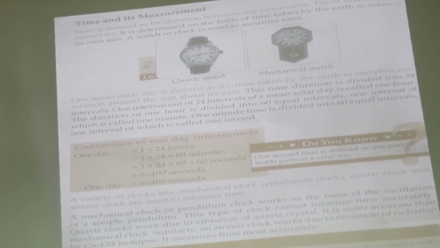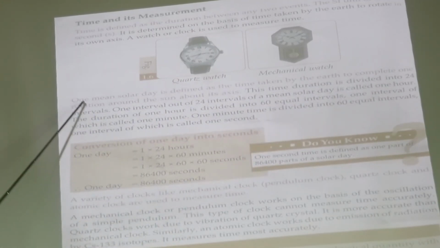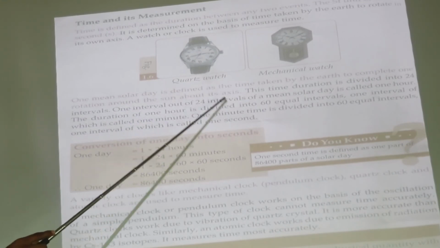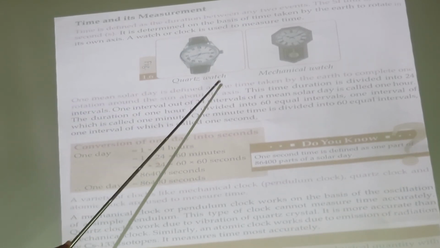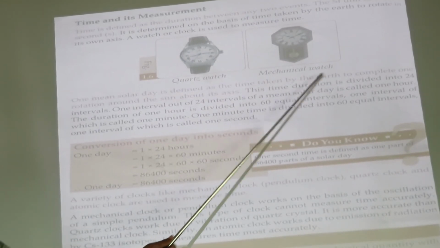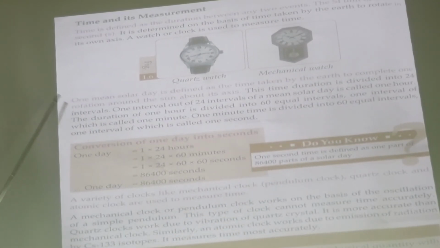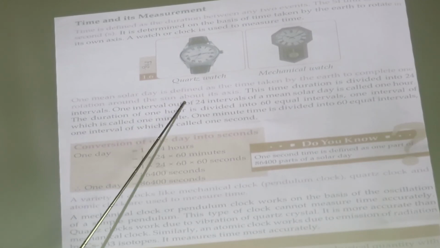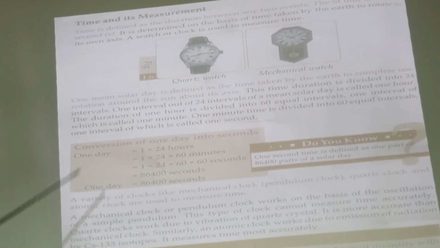One mean solar day is defined as the time taken by the earth to complete one rotation about its axis as it goes around the sun. This time duration is divided into 24 intervals.